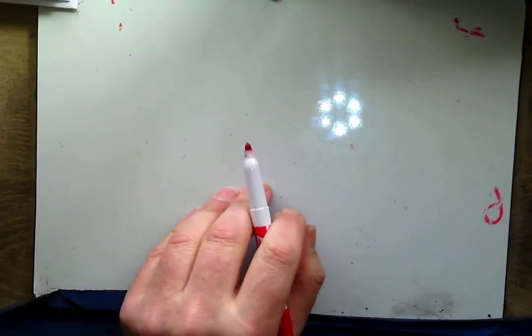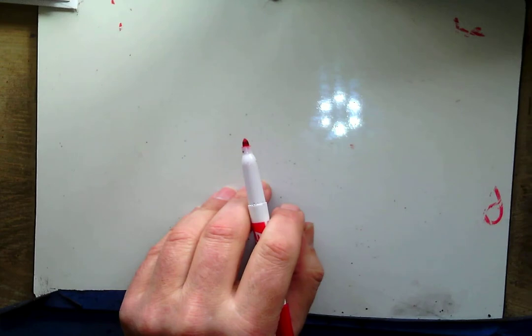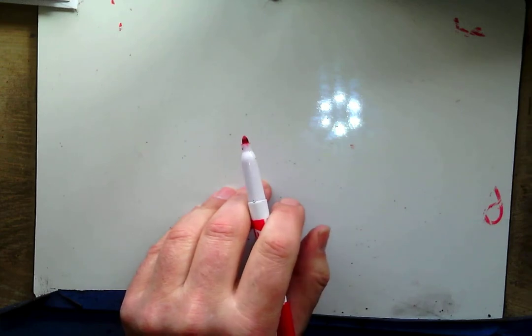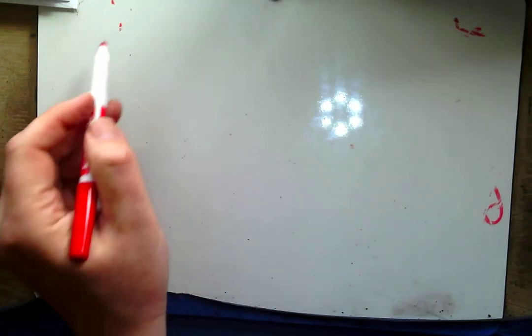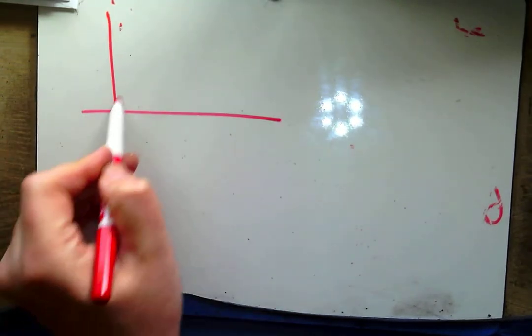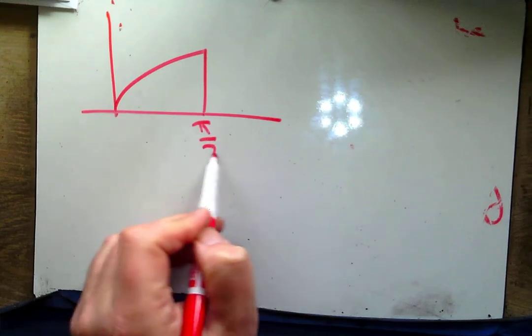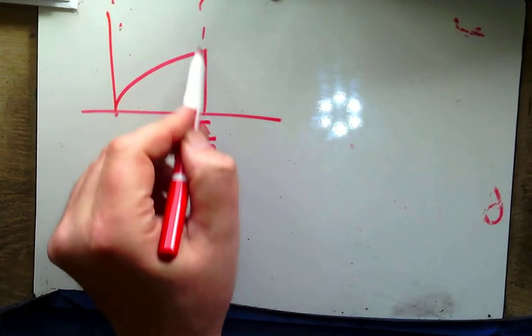What's next? I think that was just, yeah, okay. 5, we're spinning around x equals pi over 2. Okay, here's my axis of rotation.